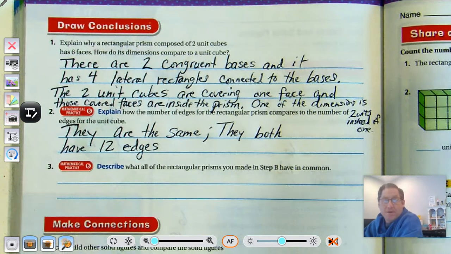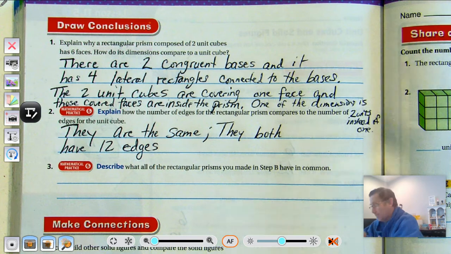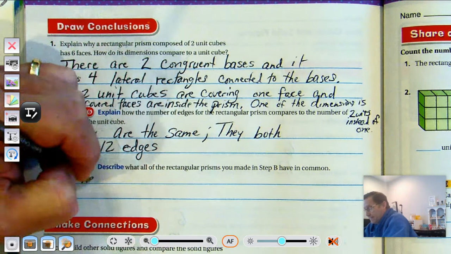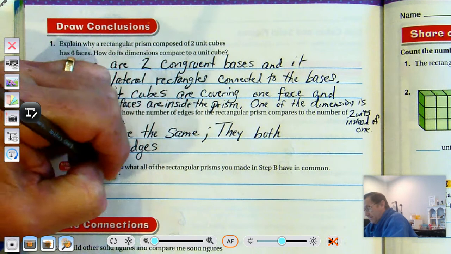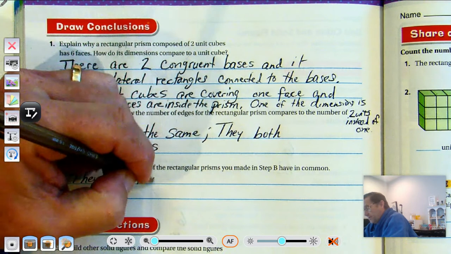Three, describe what all of the rectangular prisms you made in step B have in common. Well, they all had a volume of 8 cubes.